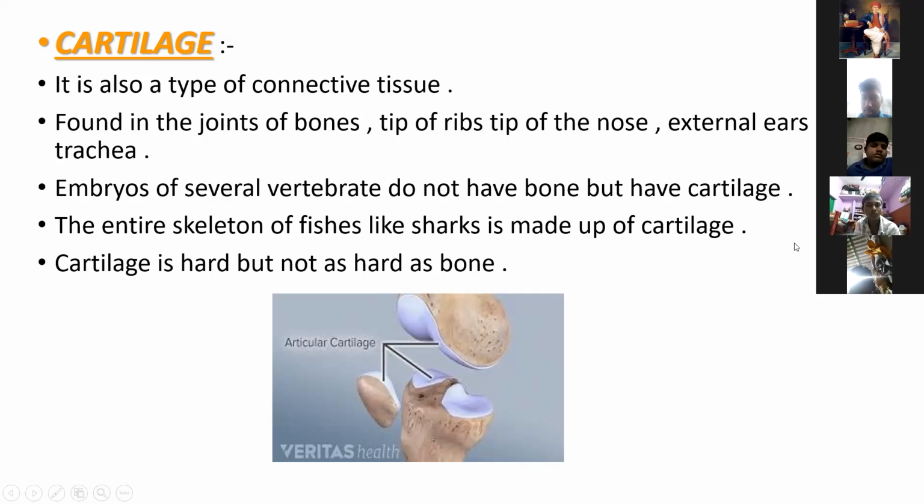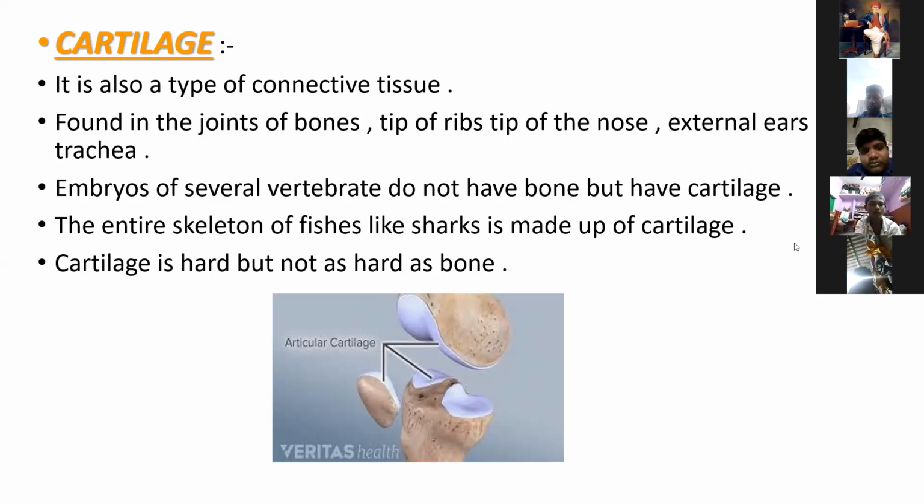The cartilage is found in the joints of the bones, tip of the ribs, nose, external ears and trachea.